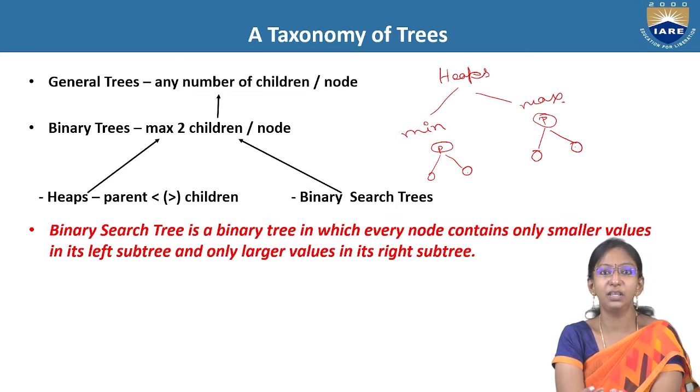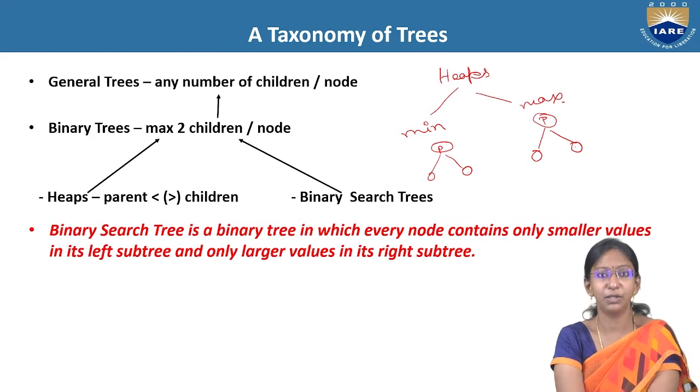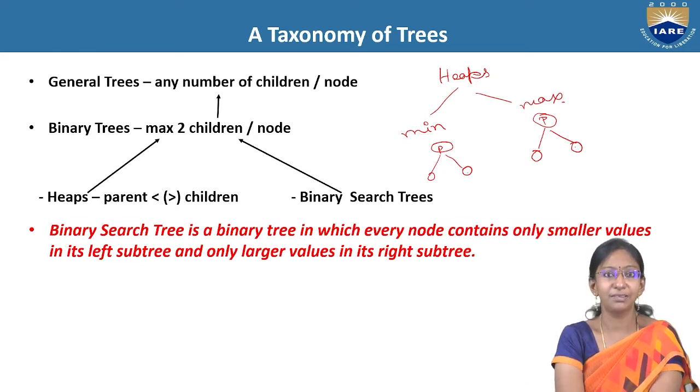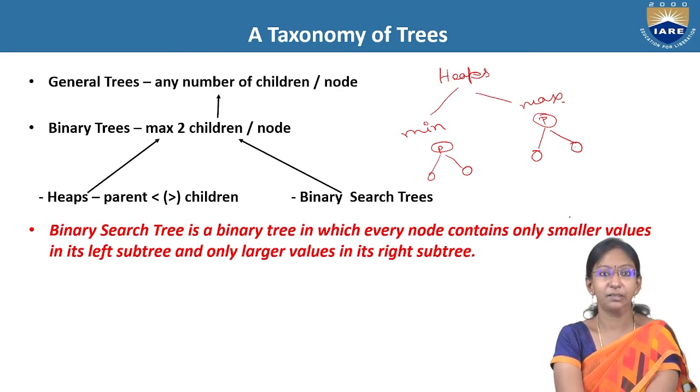It puts a constraint only on the parent. It gives a guideline only to the parent saying that if it is a min heap, as you are a parent, you must have a lesser value when compared to the children. If it is a max heap, as you are a parent, you must maintain a higher value when compared to its children. So it does not put any constraint on siblings.